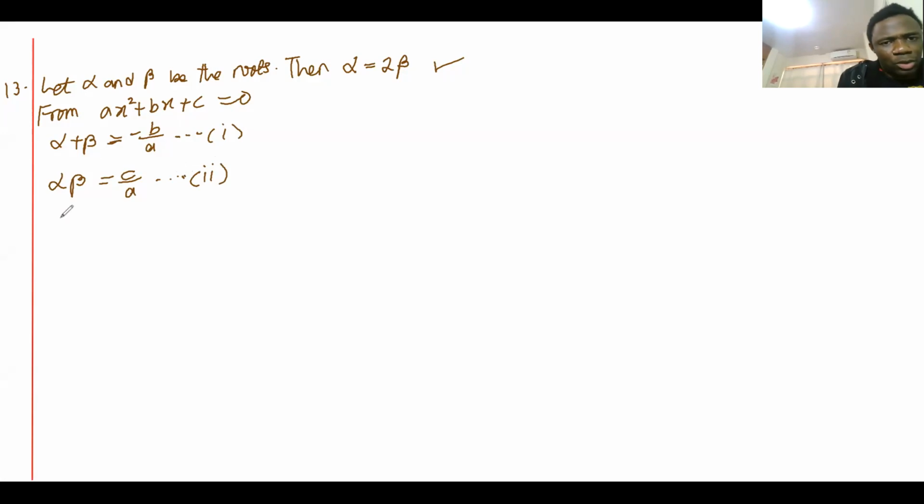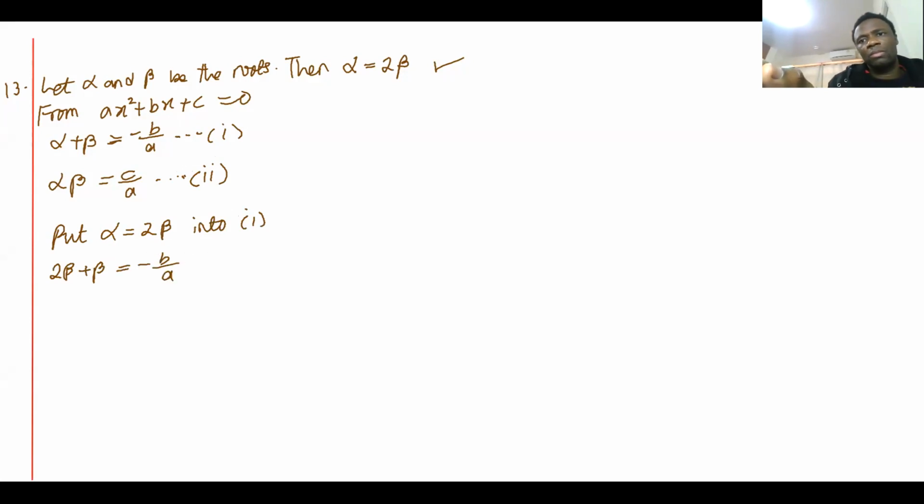So put alpha equals 2 beta. Can you confirm if you understand what I'm doing? So I get 2 beta plus beta equals minus b over a. Does everybody get what I'm doing? Yes. So 3 beta equals minus b over a. So beta equals minus b over 3a.